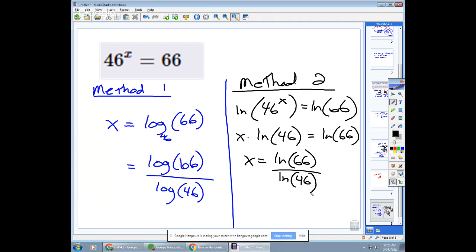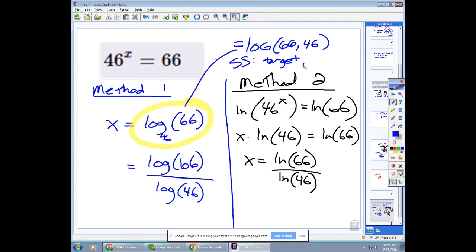And on the spreadsheet, I can actually type this almost the way I see it. So let me switch back. On a spreadsheet, I could do log base 46 by using what they call LOG. Put the target in first and then the base second. So this is on a spreadsheet.